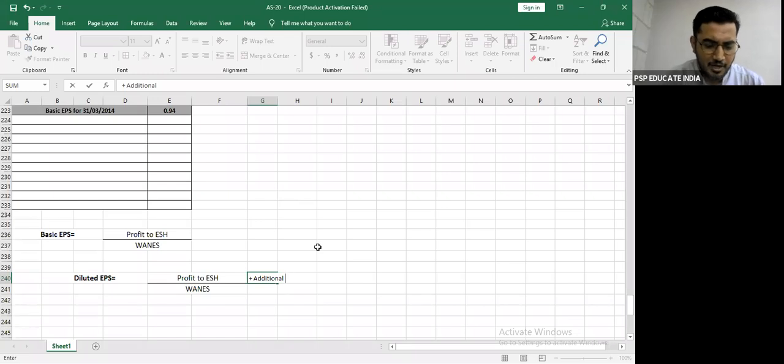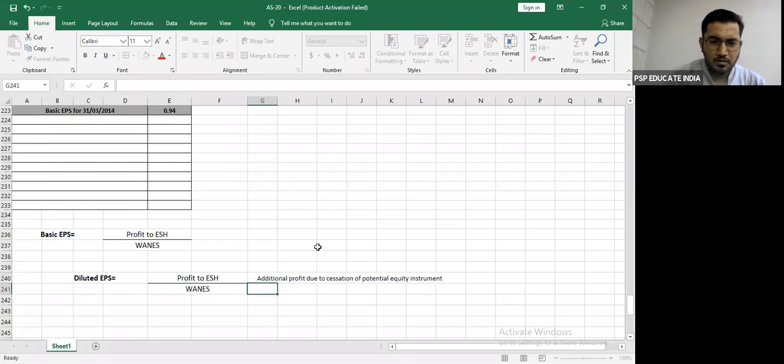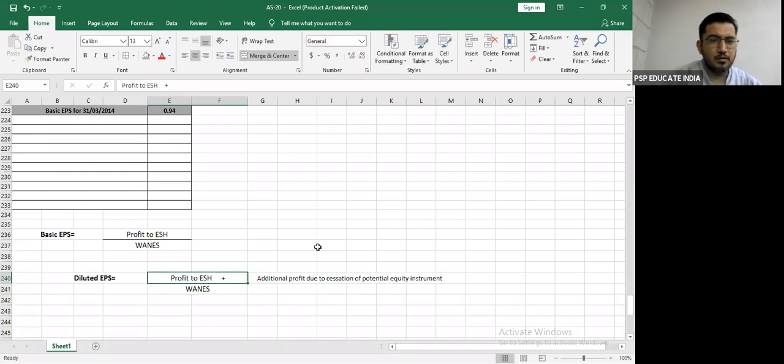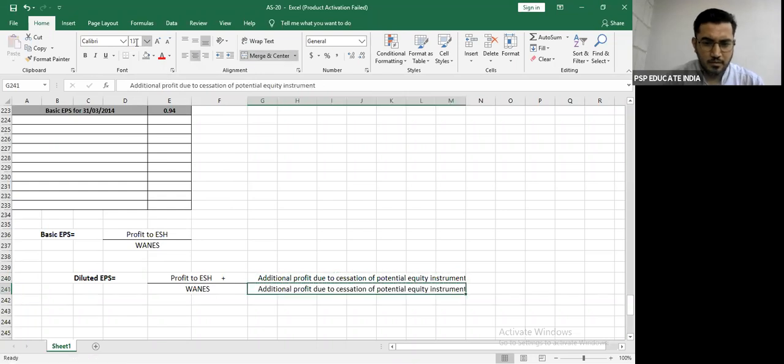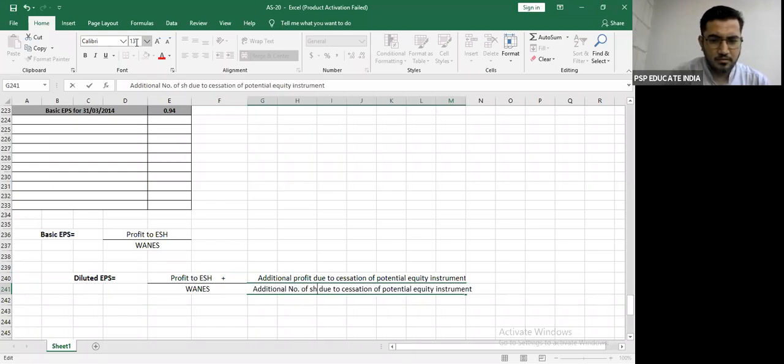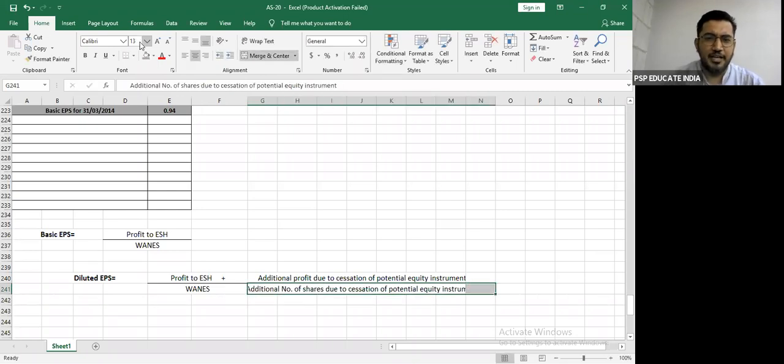Profit to equity shareholders divided by wins plus additional profit due to cessation of potential equity instrument, and here you will have additional number of shares due to cessation of potential equity instrument.